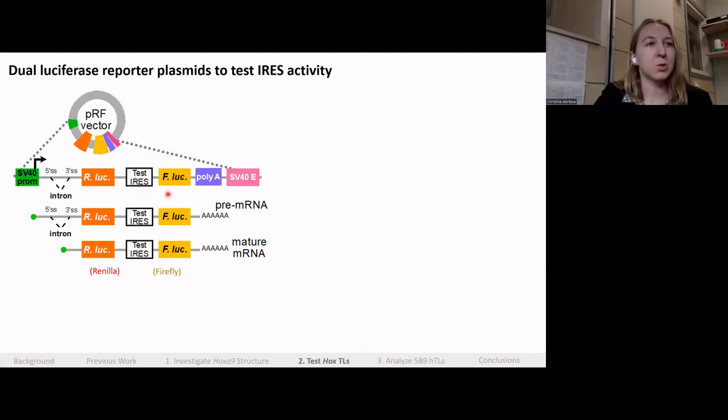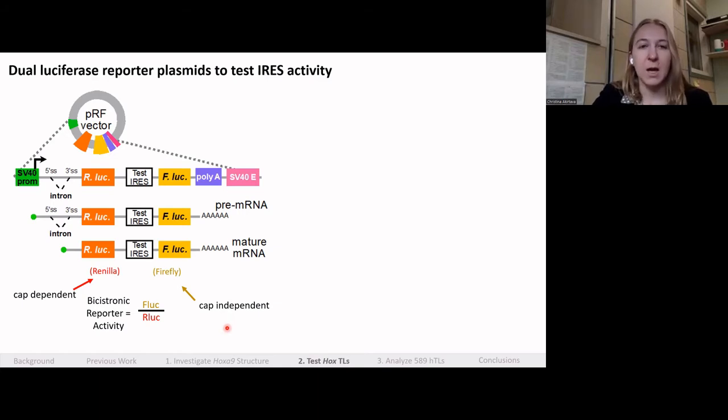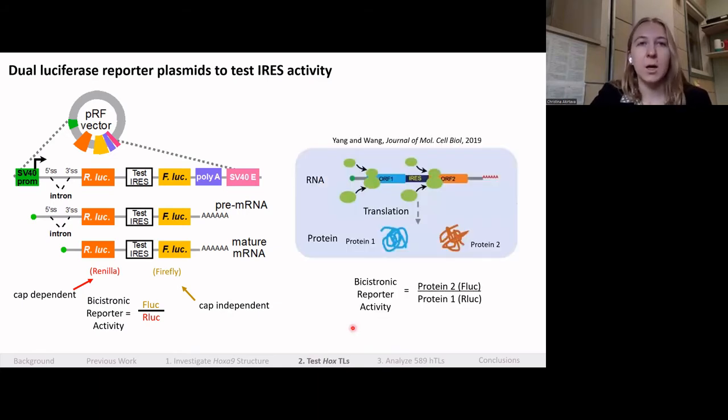By cloning that between the R-Luc and F-Luc, you can later compare the R-Luc to F-Luc activity for a bicistronic reporter score, or a potential IRES score. The idea is that F-Luc is translated via cap-independent methods.